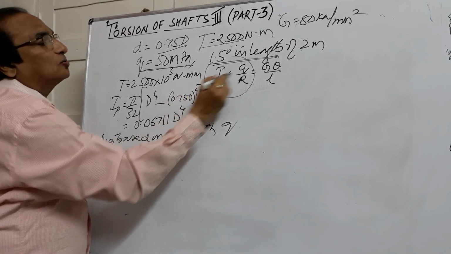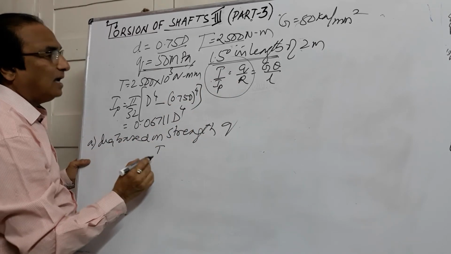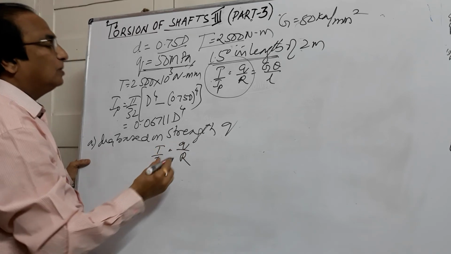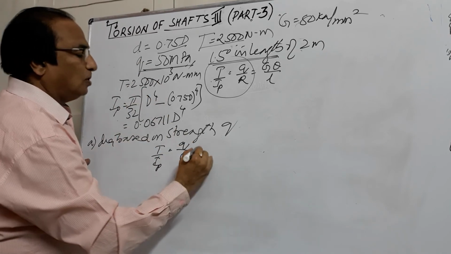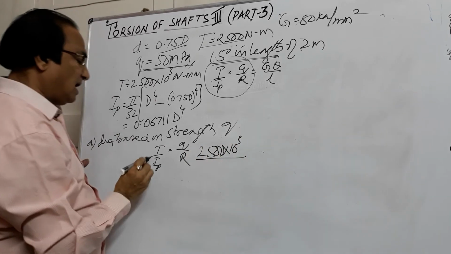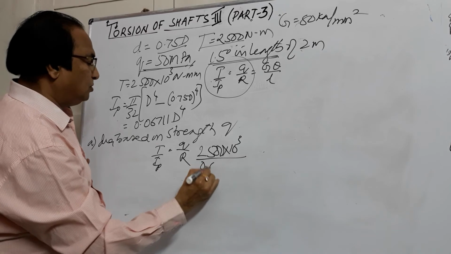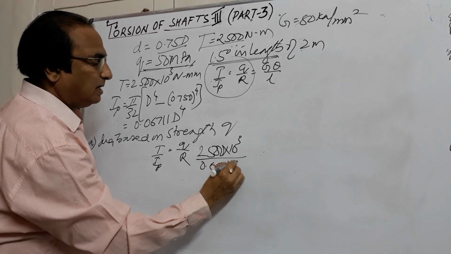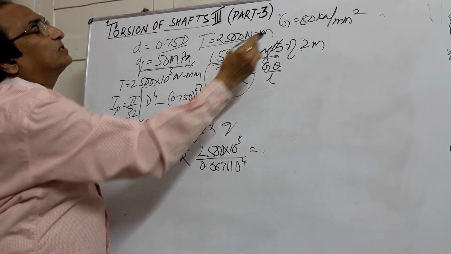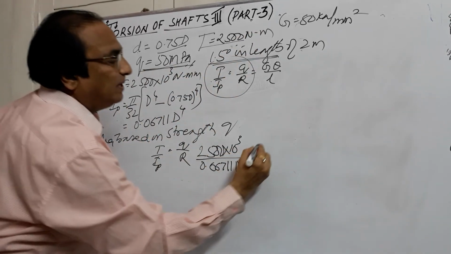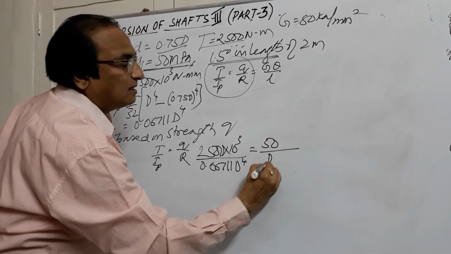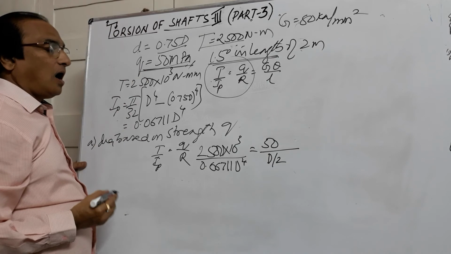So if I use the relation T by IP is equal to tau by R, here T is known to you, 2500 into 10 to the power of 3, divided by IP, which is 0.06711 D raised to 4, is equal to tau, the value of maximum shear stress given to you, 50 MPa, that is 50 Newton per mm square, divided by R, which is the radius of the outer diameter.